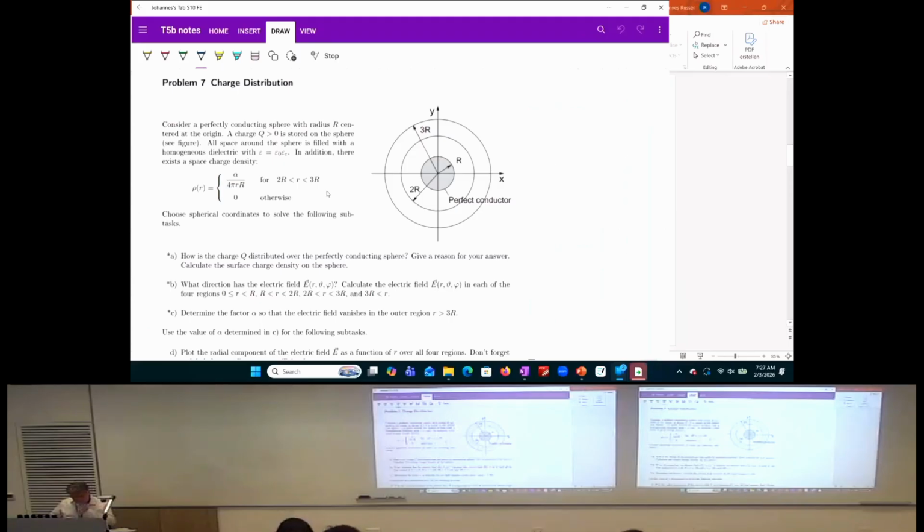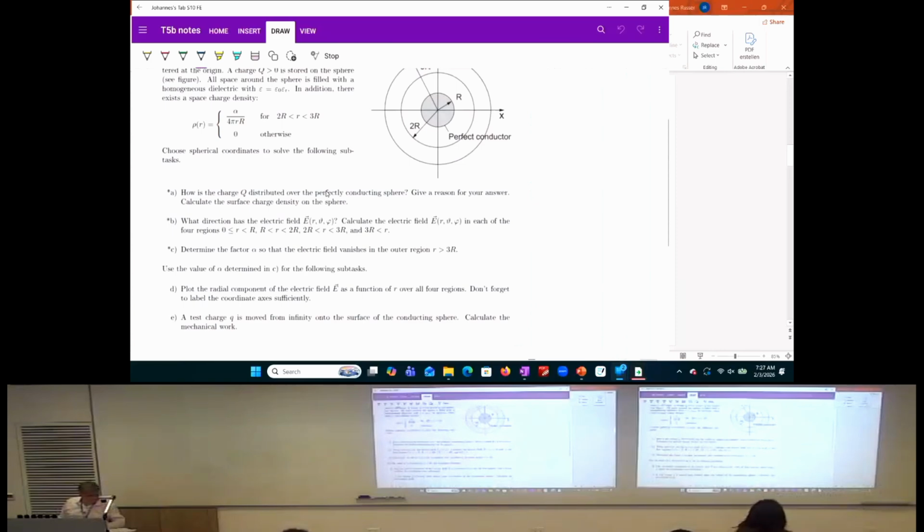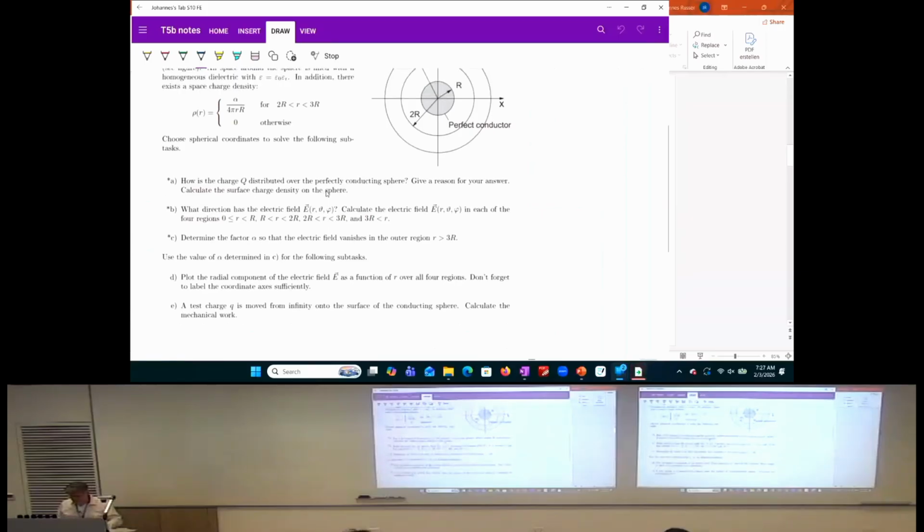Now we use spherical coordinates to solve the following problems. The first question is, how is the charge distributed over the perfectly conducting sphere? We have no charge distribution given, but we want to give reason for our answer. How is the charge distributed on that sphere?